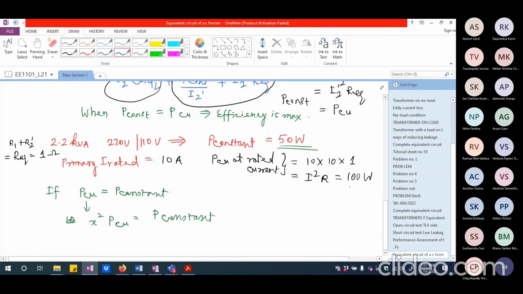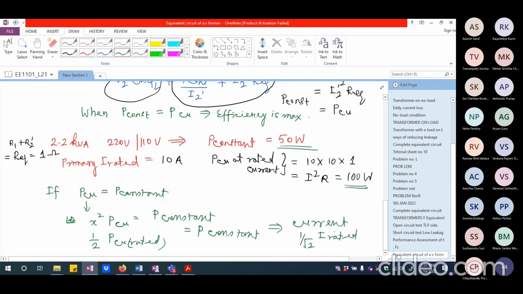Normal copper losses are 100 watts, so I am going to have 1 by 2 times P copper rated equal to P constant, which means the current has to be 1 by root 2 times I rated. Your rated current is 10 ampere.